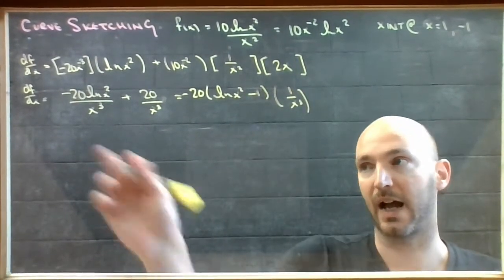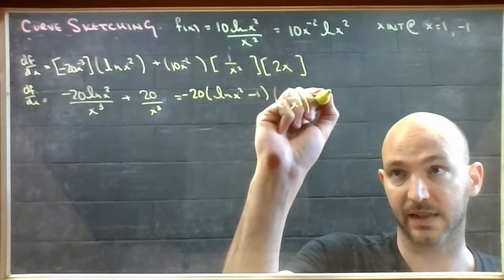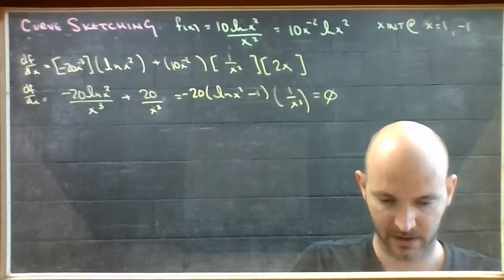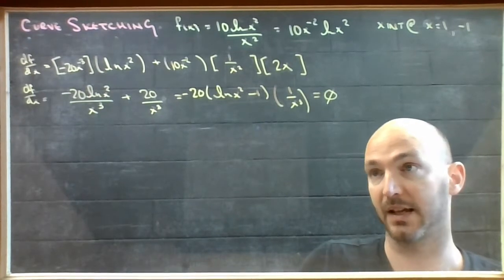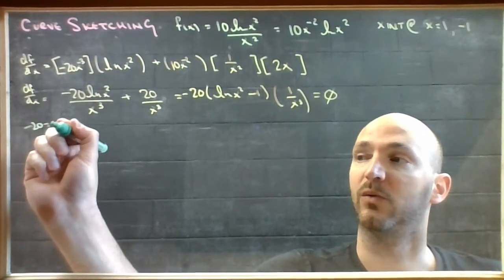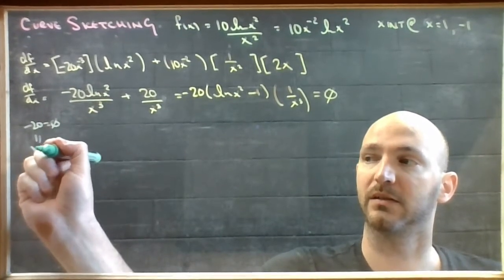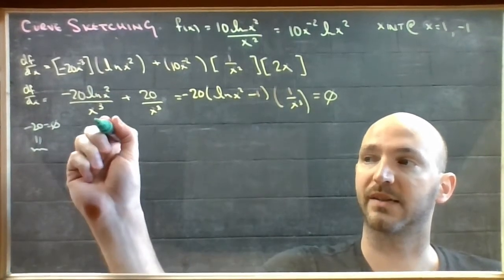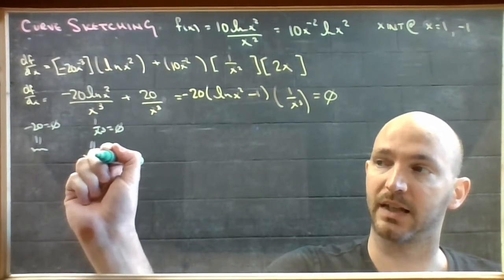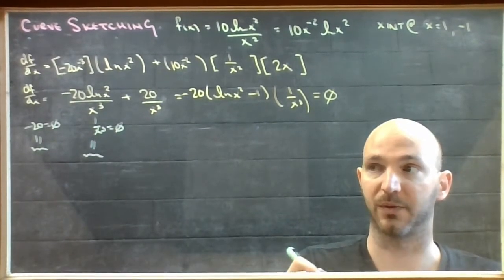Because for max-min, I have to set this thing equal to 0, so I'm already set up for my cases. So either negative 20 equals 0, which is not a thing, or 1 over x cubed equals 0, which is not a thing. You can never get 0 through division.